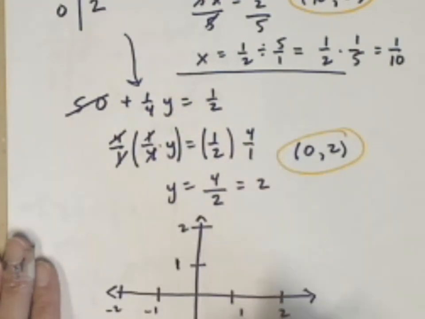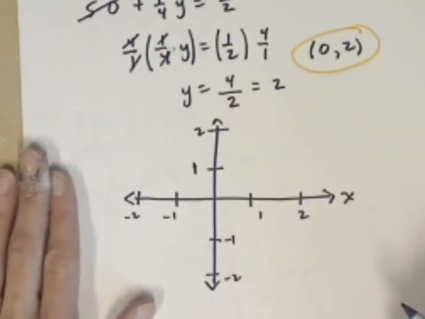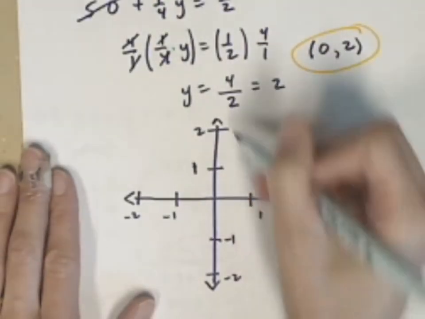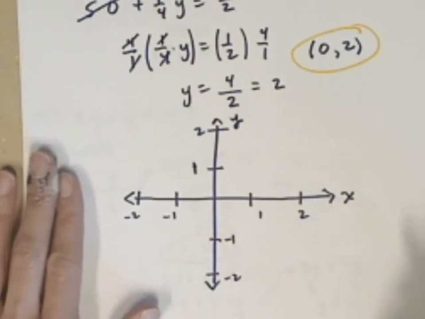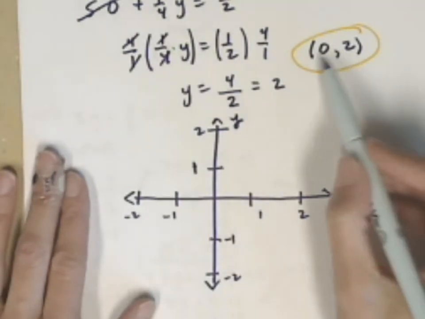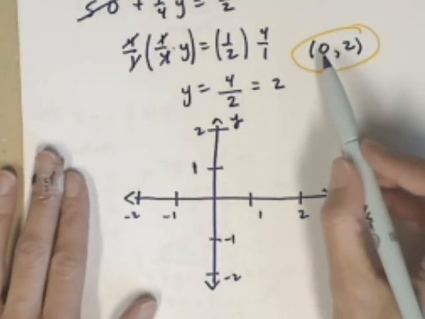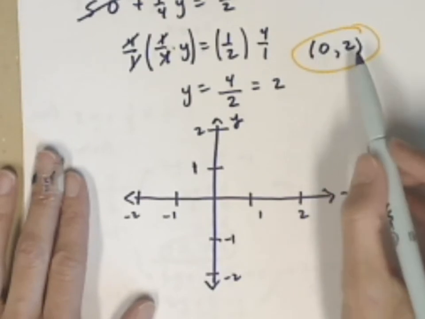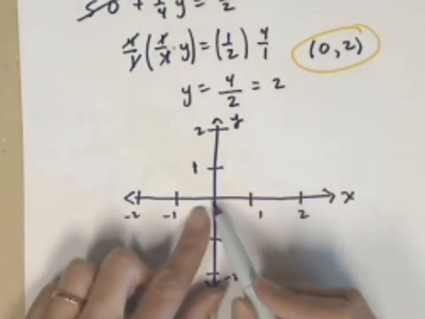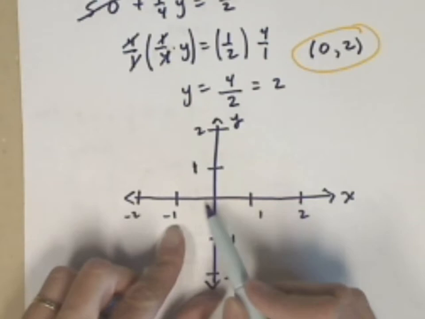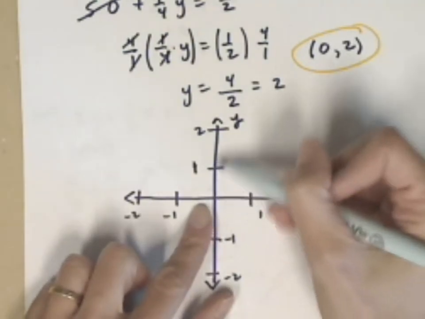Okay, so I went ahead and just gave myself my own set of axes. This is my x-axis, or my horizontal axis. This is my y-axis, or my vertical axis. See, that 0, 2 is right there. Let's plot that one first. 0 in the x direction, 2 in the y direction. So 0 in the x direction, I don't go left or right off of 0, but I will go up 2.